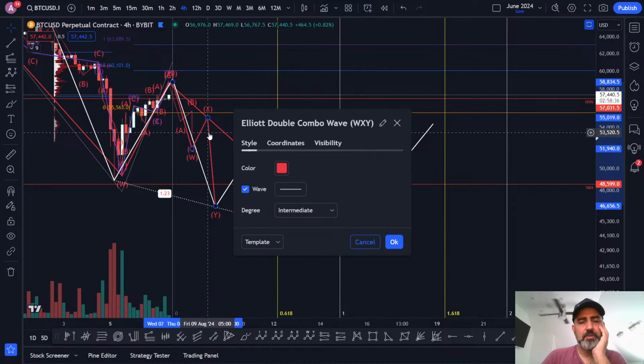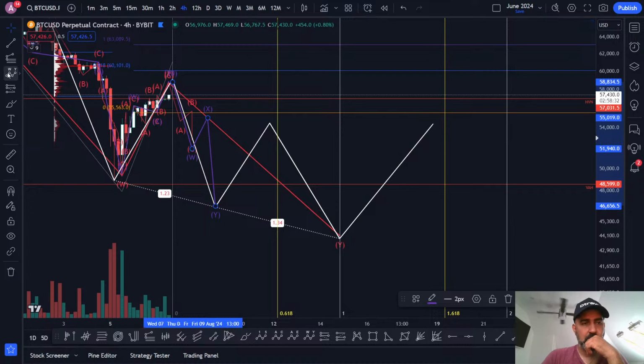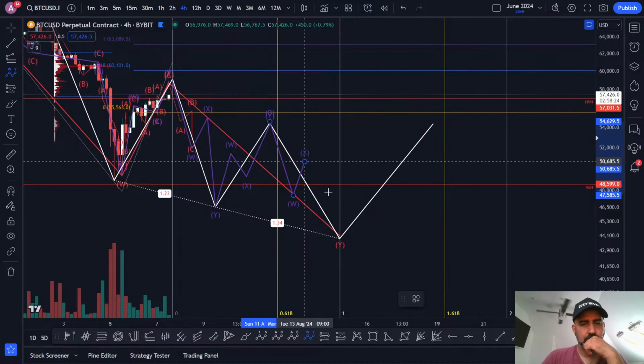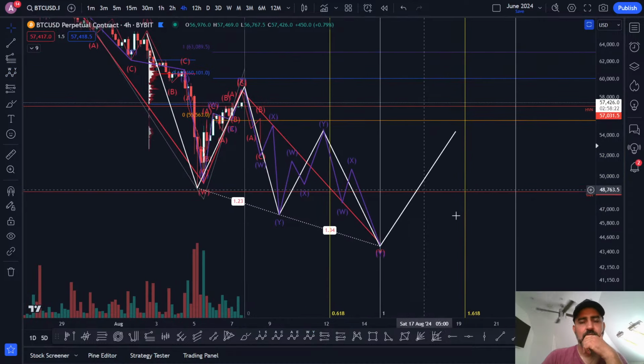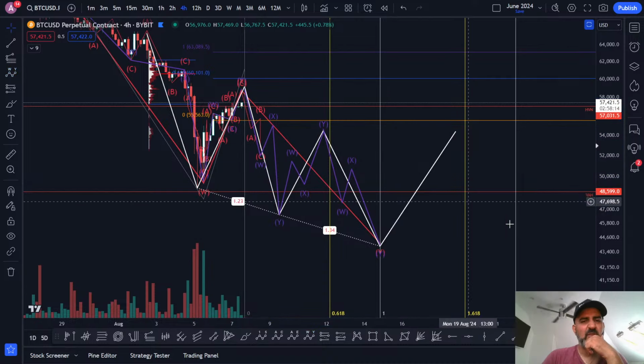I haven't got purple in. Something like that.